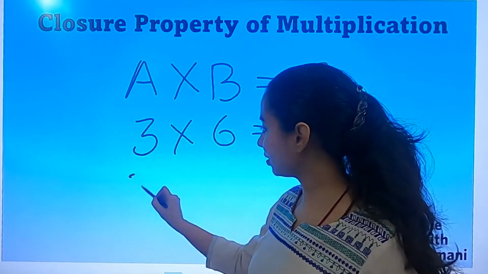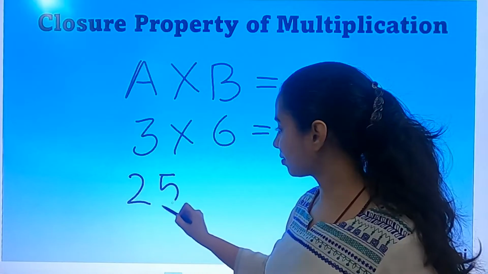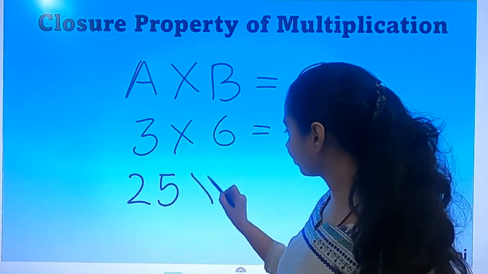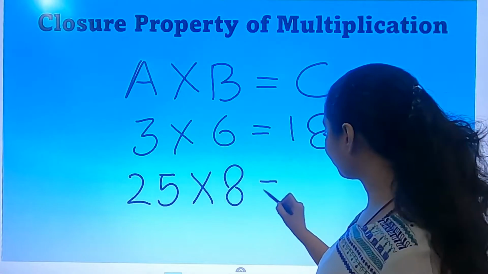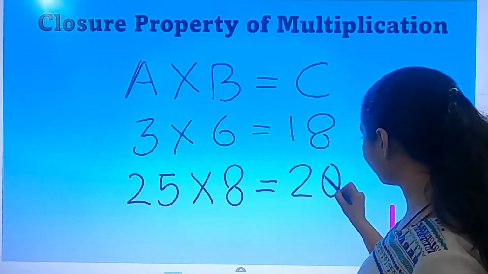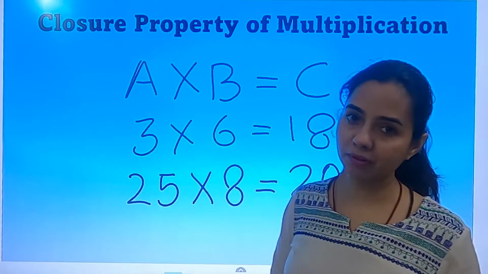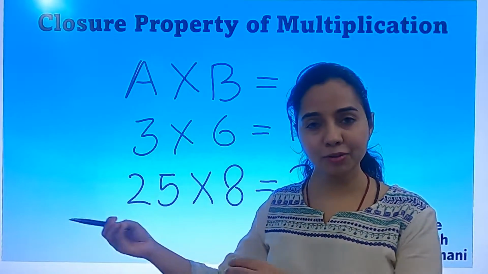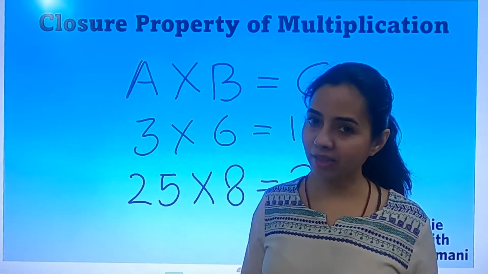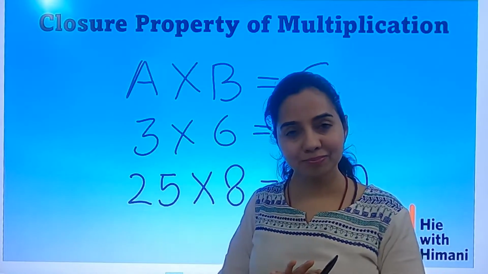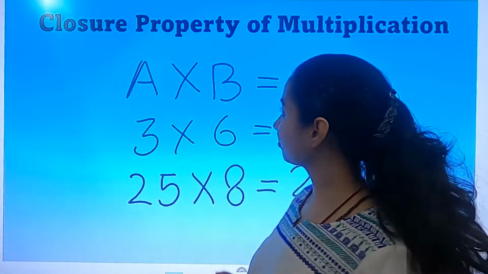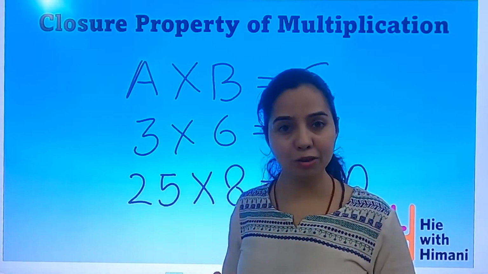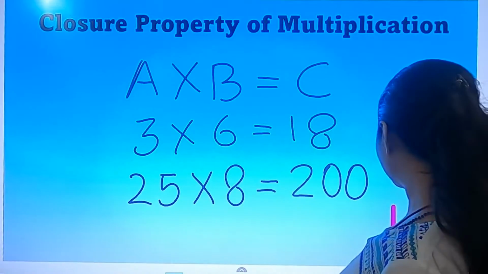We can do it with 25, a whole number, and 8, also a whole number. 25 into 8, we know that it is 200, also a whole number. It doesn't matter whether you take a smaller or a bigger whole number, the property will always remain the same. So here we have done the closure property of multiplication.